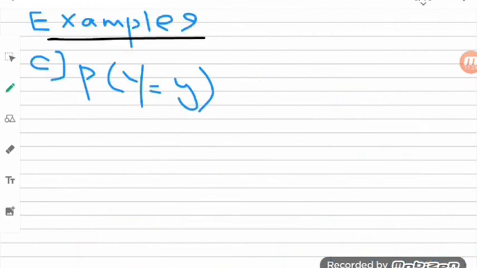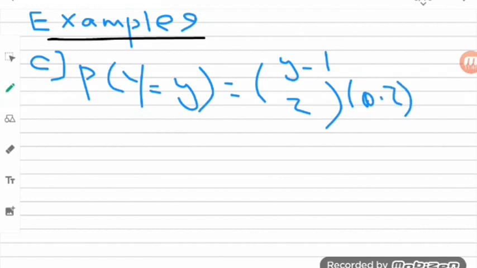We need to remember the probability mass function of the negative binomial distribution, which is y minus 1 choose r minus 1, which is 2 here, times the probability of success to the power r times the probability of failure to the power the difference between the value of the random variable y and the number of successes r, which is y minus r.